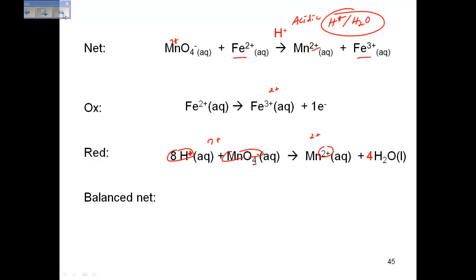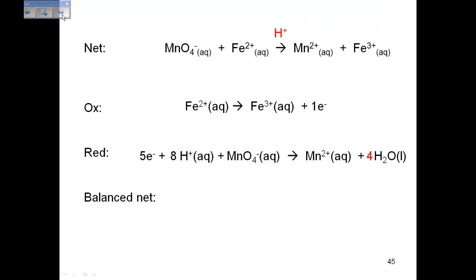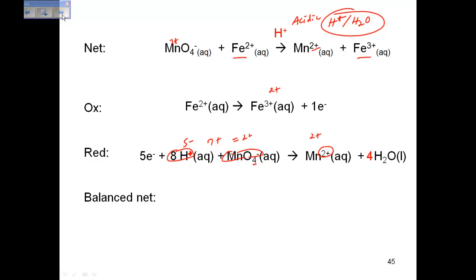I have 7+ on the reactant side, 2+ on the product side. I need to balance that. The only way is to add electrons. So I'm going to add electrons to the reactant side, 5 of them. That gives me a total of 2+, which is equivalent on both sides now.